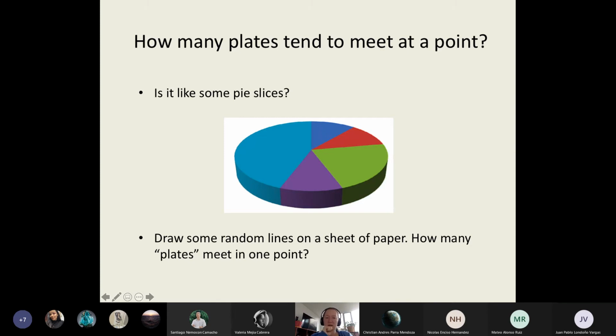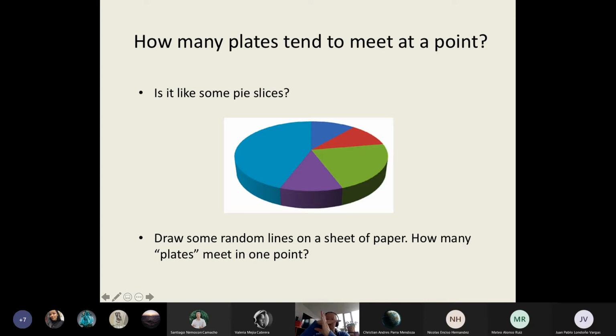Does it look like this pie? I can make a pie slice and I can make 100 intersecting plates if I want, pie slices. But if I crack a cookie, it doesn't seem to work that way so much, right? Or if I draw lines randomly on a paper. What kind of junctions do I get?